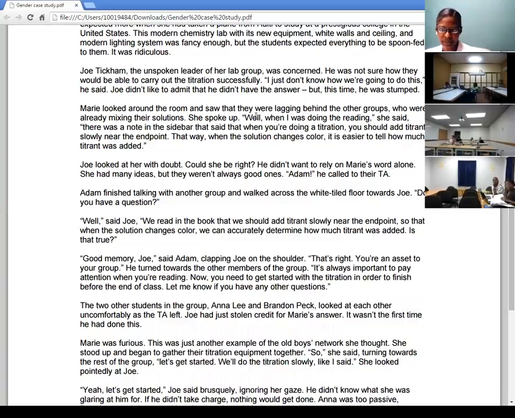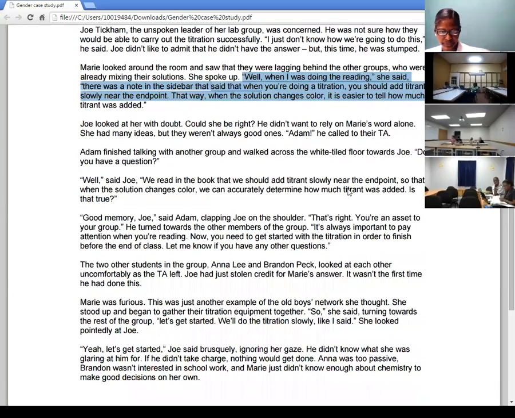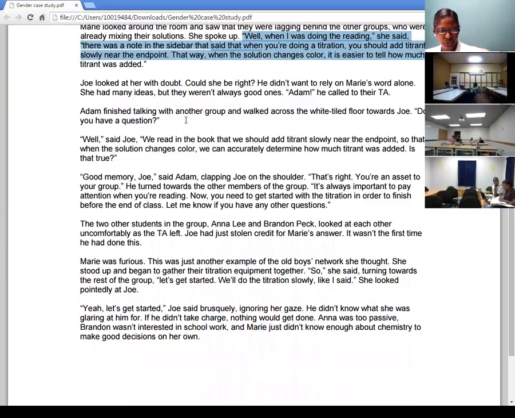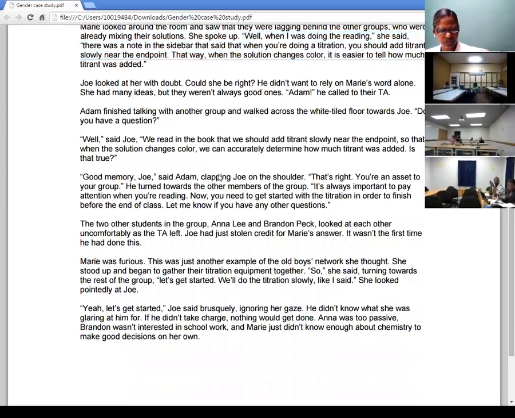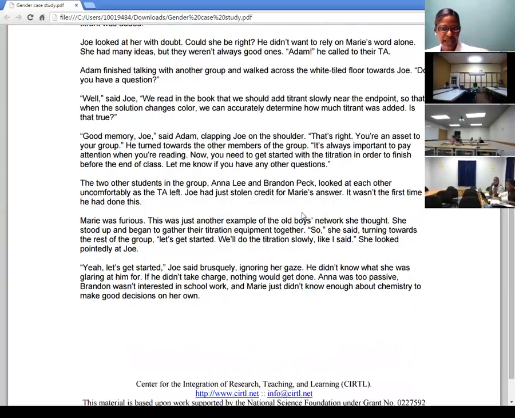She makes a comment: when I was doing the reading, there was something that said you should add a titrant slowly. This young man, Joe, the self-appointed or unspoken leader, was kind of doubtful that she was correct, called over the teaching assistant, and then proceeds to say, we read in the book that we are to do the very same thing that Marie said.